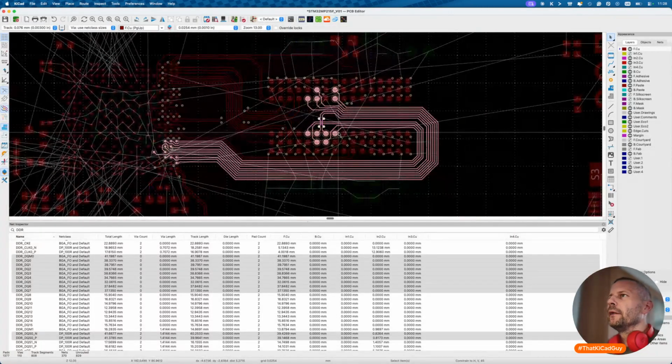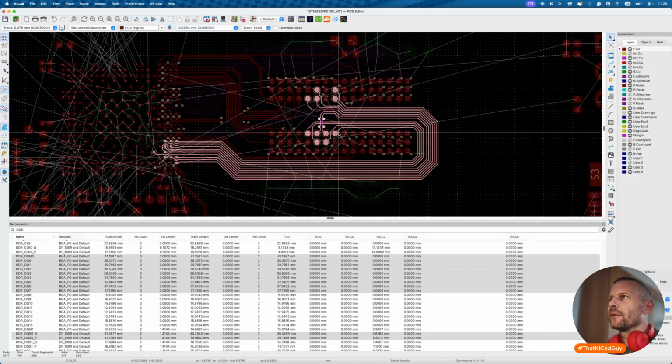Yeah. So this entire group of signals must be matched to the DQS0, which plus minus works. Yeah, there are some outliers, but it will work.